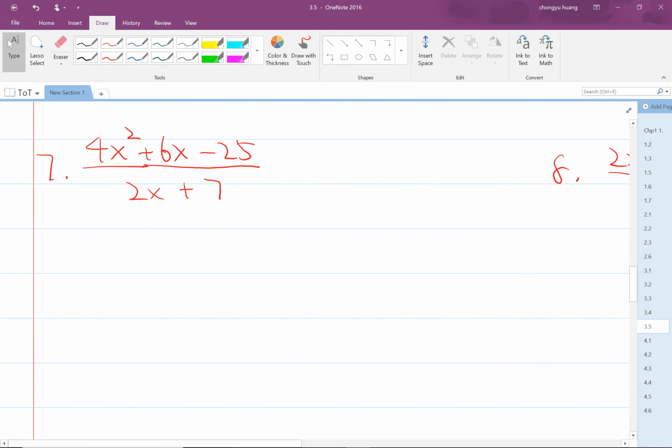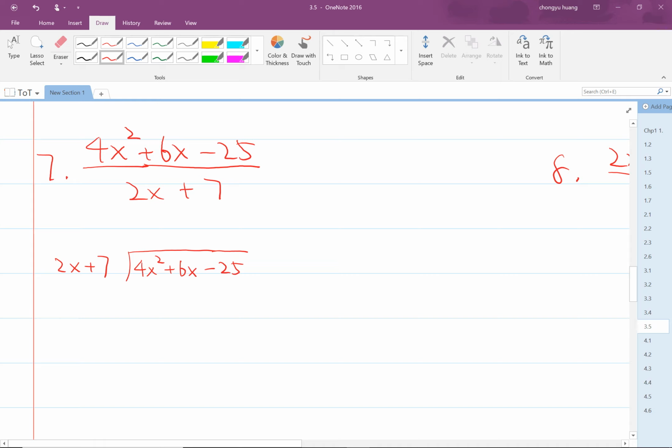For question 7, you may feel it's a little bit different, right? So let me show you the way how to do it, even if it is a little different. What we have is 4x squared plus 6x minus 25, and then divided by 2x plus 7.